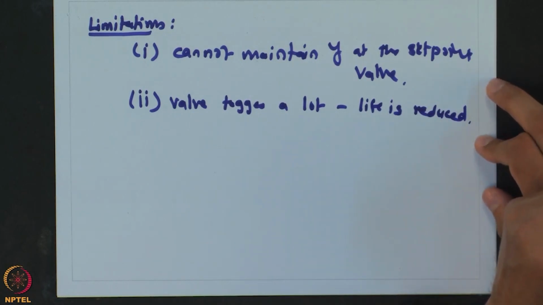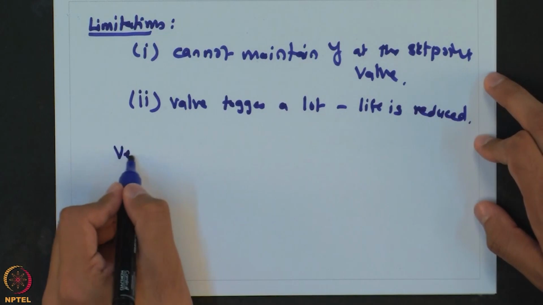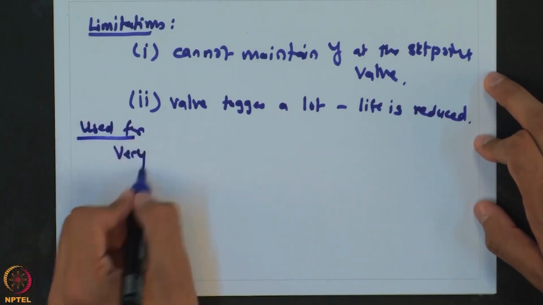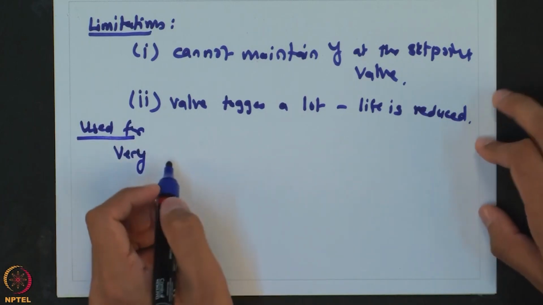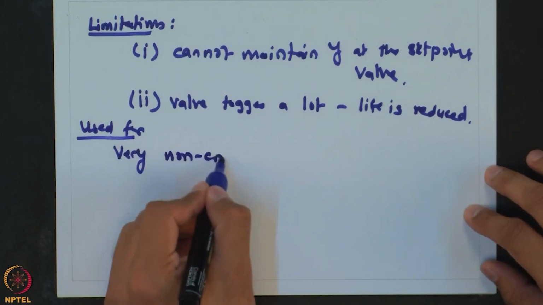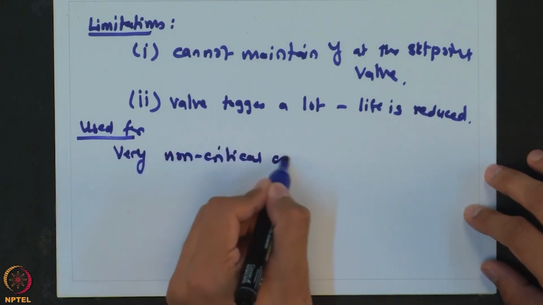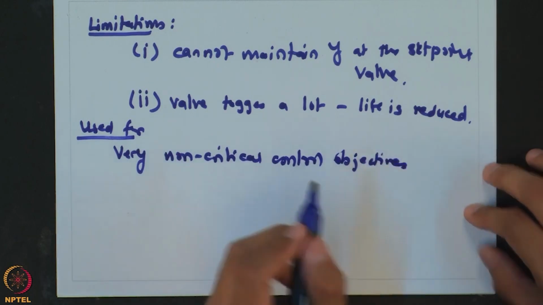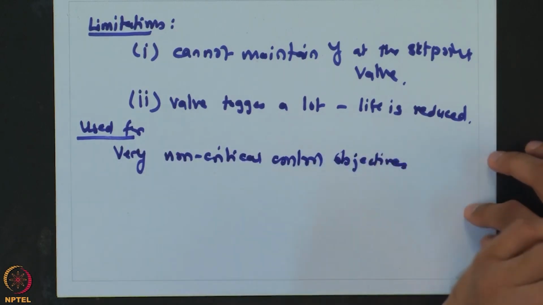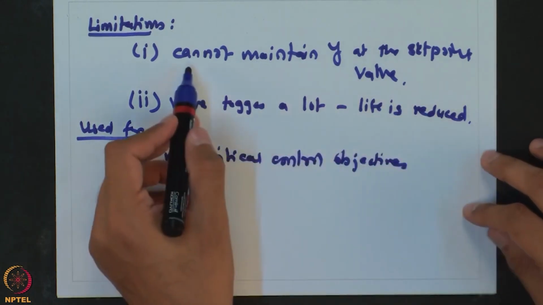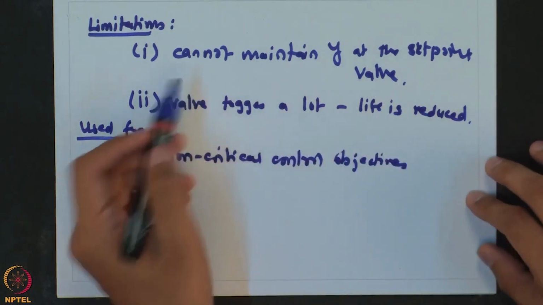So, it will only be used for very non-critical control objectives, where a significantly large deadband will be used to avoid the valve toggling, and you are still okay by having that much of an offset.